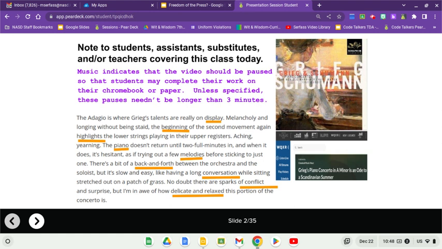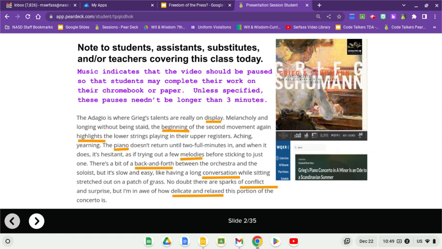There's a bit of conversation between the orchestra and the soloist, but it's slow and easy, like having a long chat while sitting stretched out on a patch of grass. No doubt there are sparks of energy and surprise, but I'm in awe of how this portion of the concerto is.